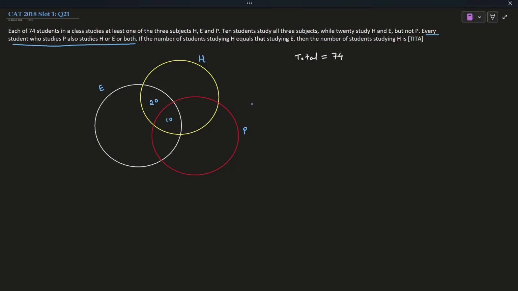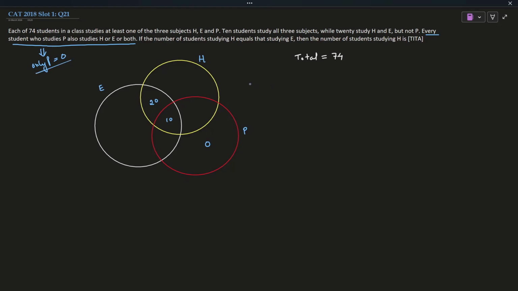This region will be 0, because if someone studies P, he or she must study H or E or both. So only P equals 0.